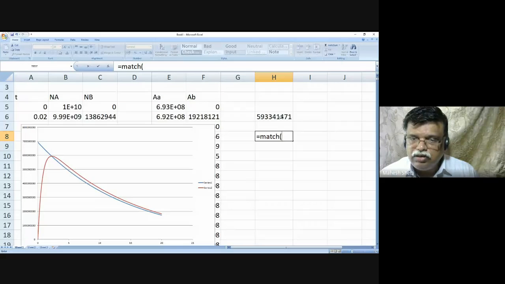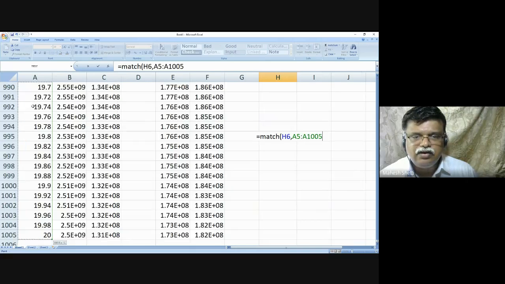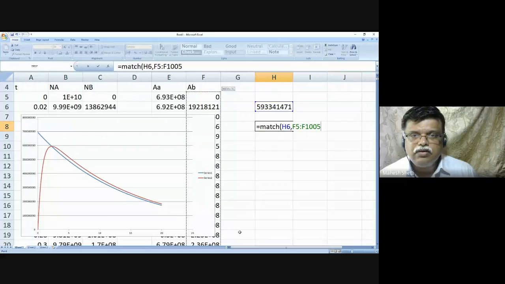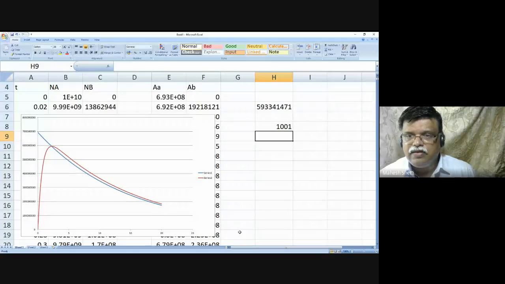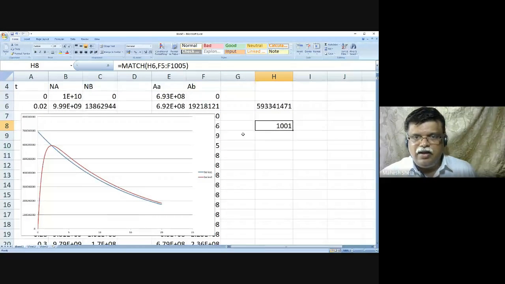I want to look up this value, and I want to check the array from here to here, and I see at 1001 I'm getting this.